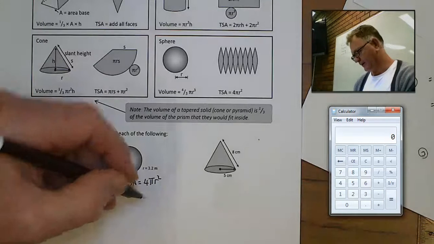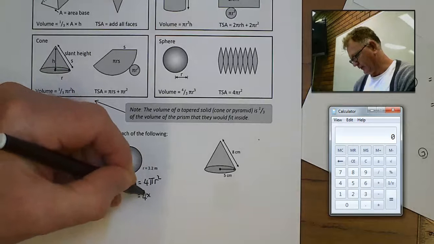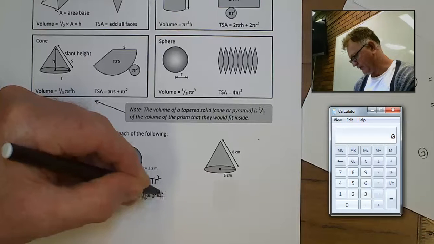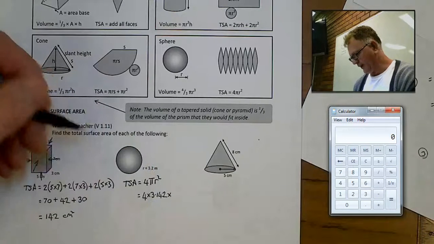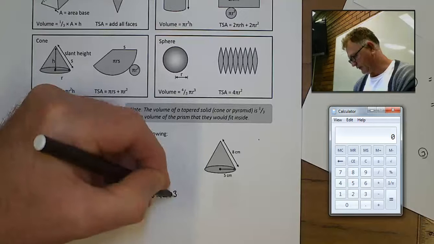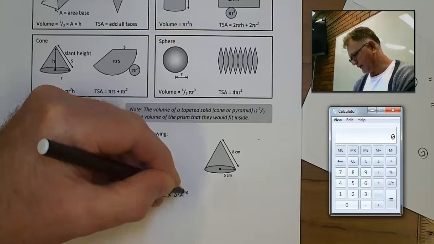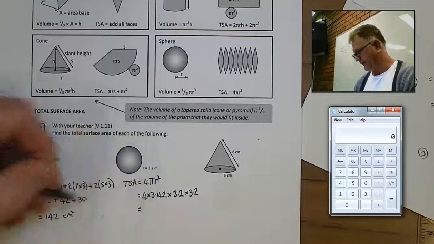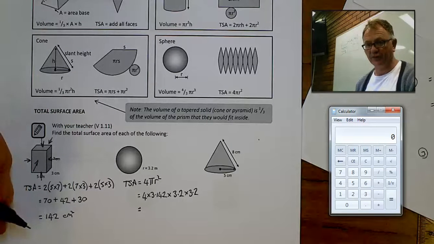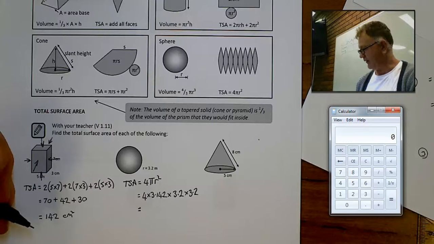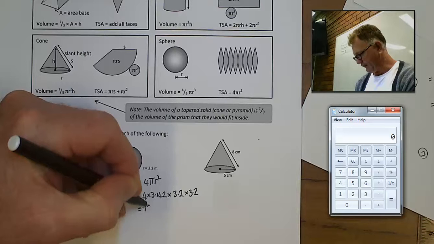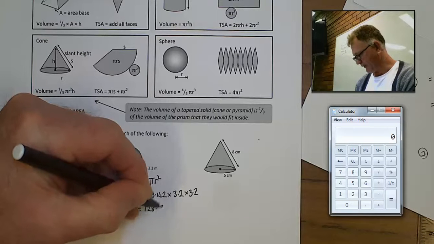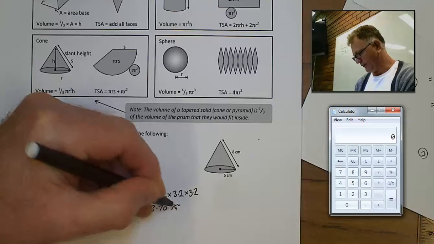So in this case it'll be 4 times pi, 3.142, times the radius, 3.2 squared, so times the radius times 3.2 again. Now I've done this beforehand on my calculator, and so I know it works out to be 128.70 metres squared. You might like to check.